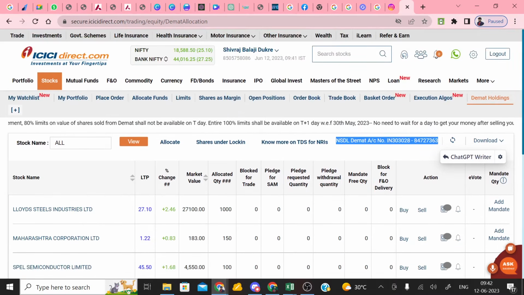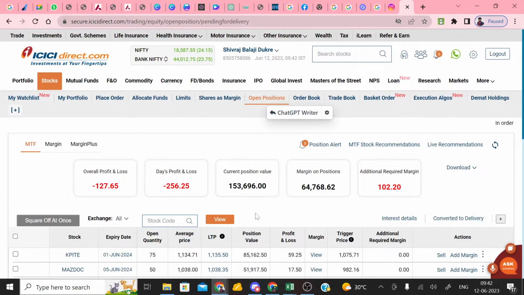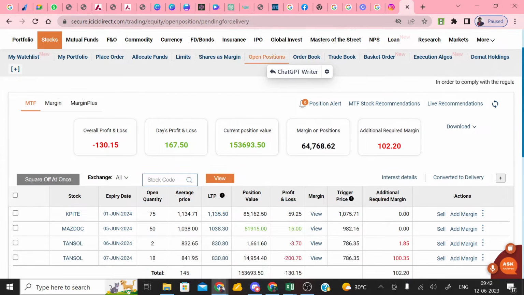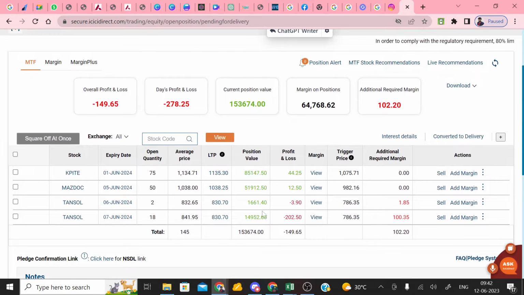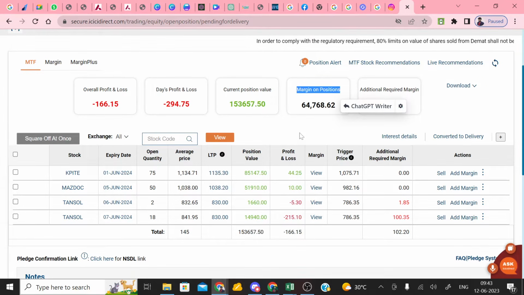Now if you ask me, sir, what about your positions? Here, if you see, I have some open positions also, so you can check. This is the data where we can see the position details. If you see this wording, margin on position, it means I have taken a loan.